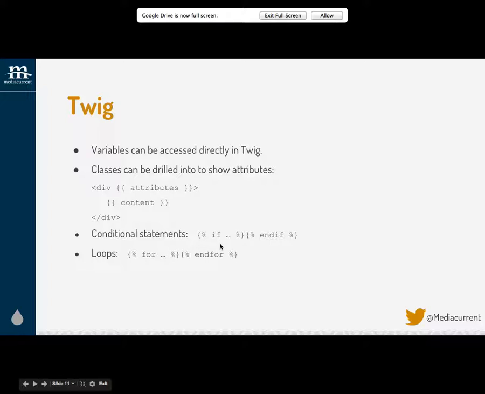So an if statement: there are several ways you can construct it, with if and end if, but you can also put if else or if else if, so you can have multiple conditionals in one statement. And then, like I said, the loop, so you could do a for loop as well.